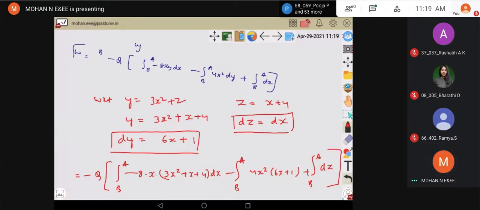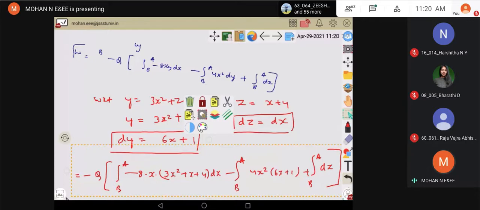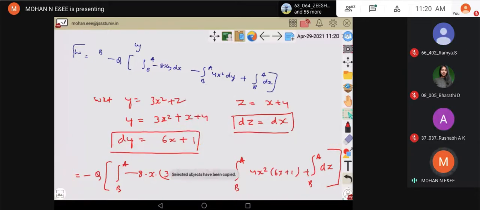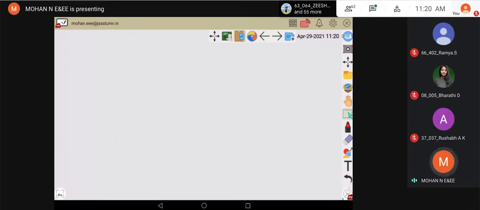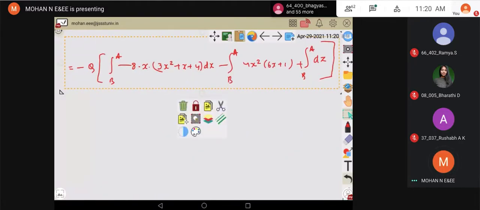Now you can substitute the limits and apply integration with respect to x to get the solution.